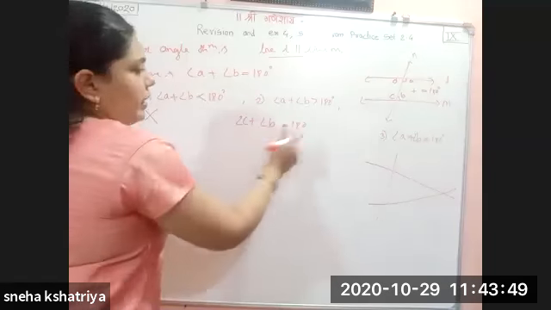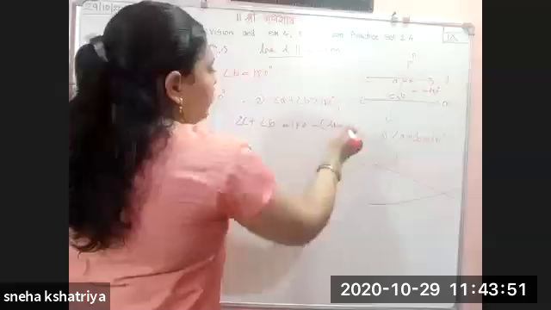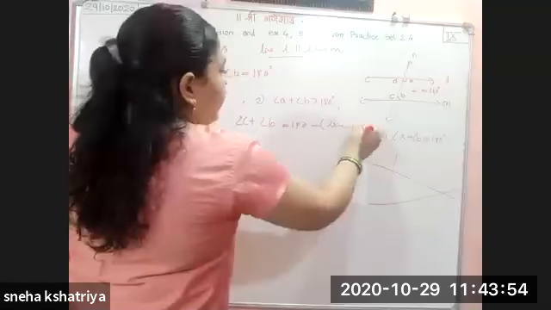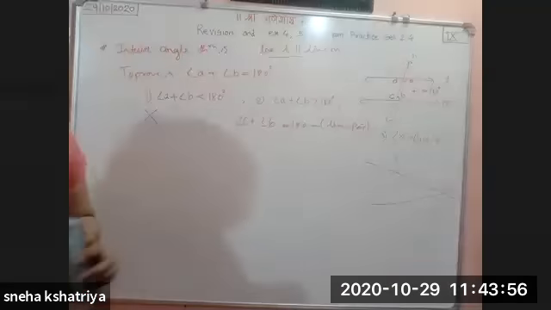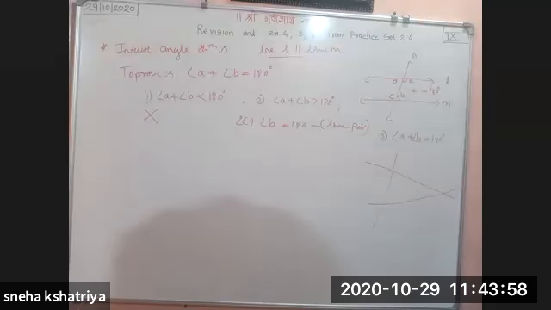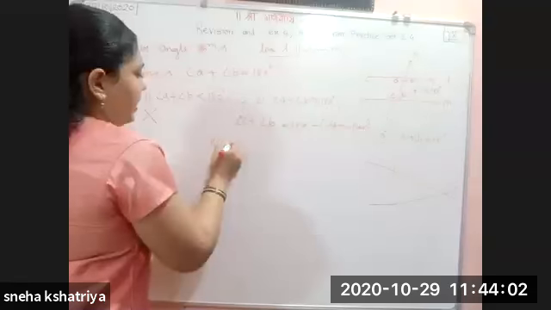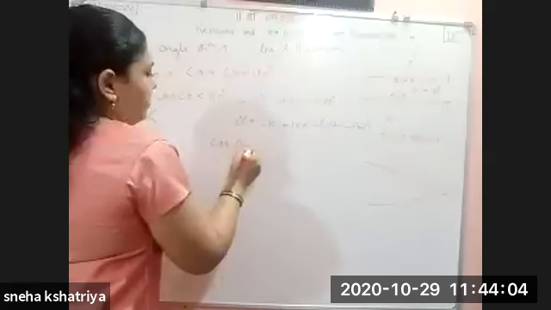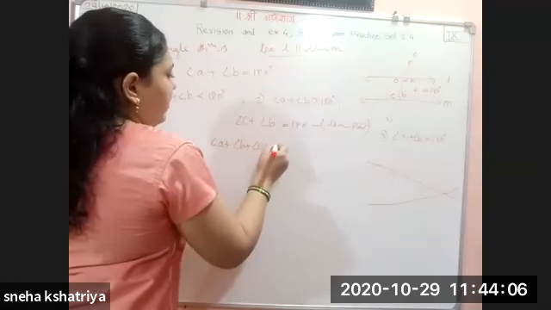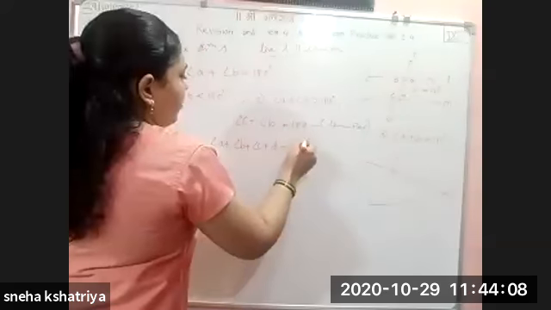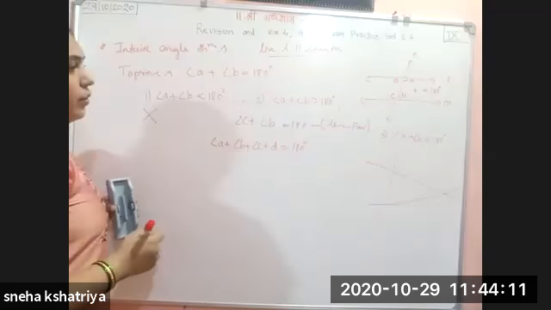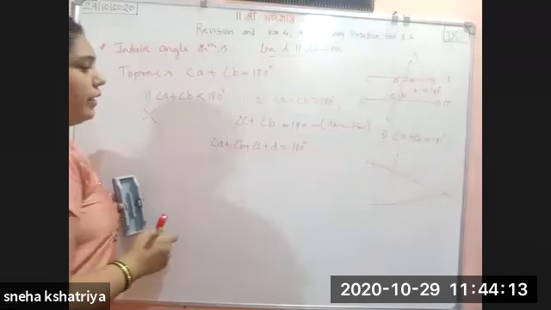Because they form a linear pair, we have written in the proofs also linear pair. They form what? A linear pair. Okay. And by adding these two equations, we get angle A plus angle B plus angle C plus angle D is equal to 180 degrees. Okay. 180 degrees.